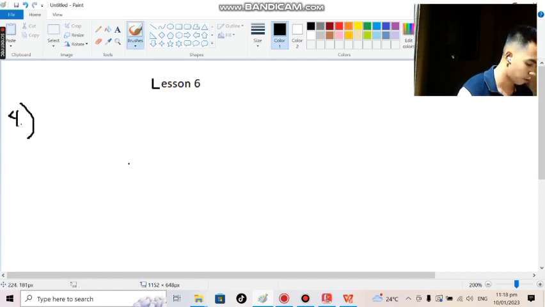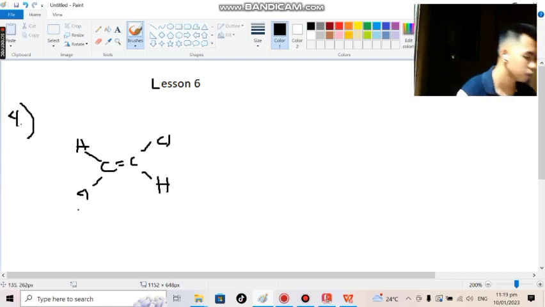So we have our CN and then H. So as you can see, our chlorine is on the opposite side of the bond with respect to each other.